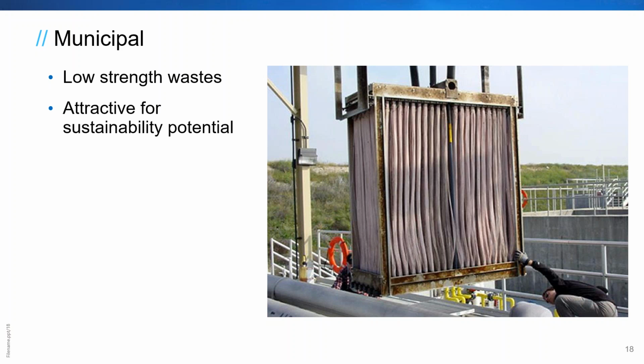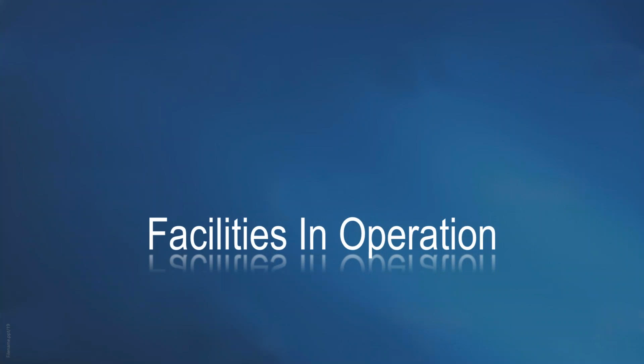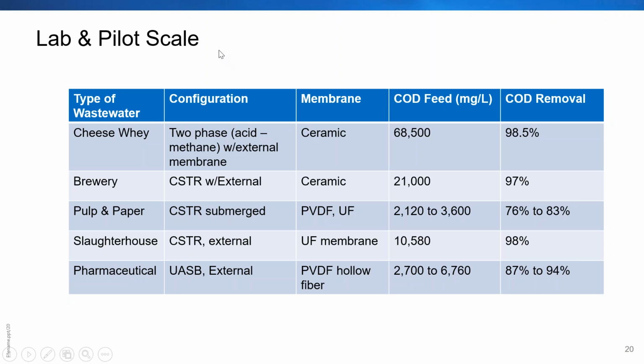So for the ratepayers, what better story is there than the investment they're putting in is generating back power and energy, whatnot, and reducing footprint from a sustainability standpoint. Relative to facilities and operations, not a very big list of facilities and operations as far as I'm aware, but there have been a lot of pilot tests and pilot scale.